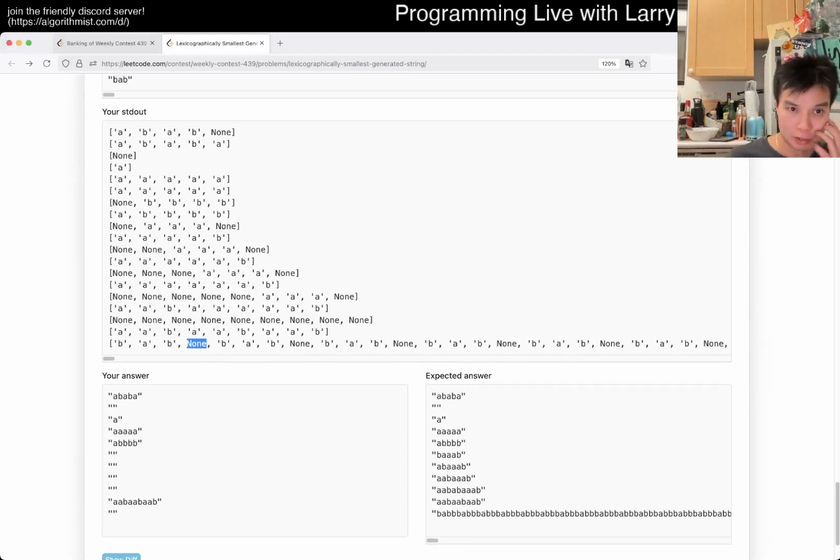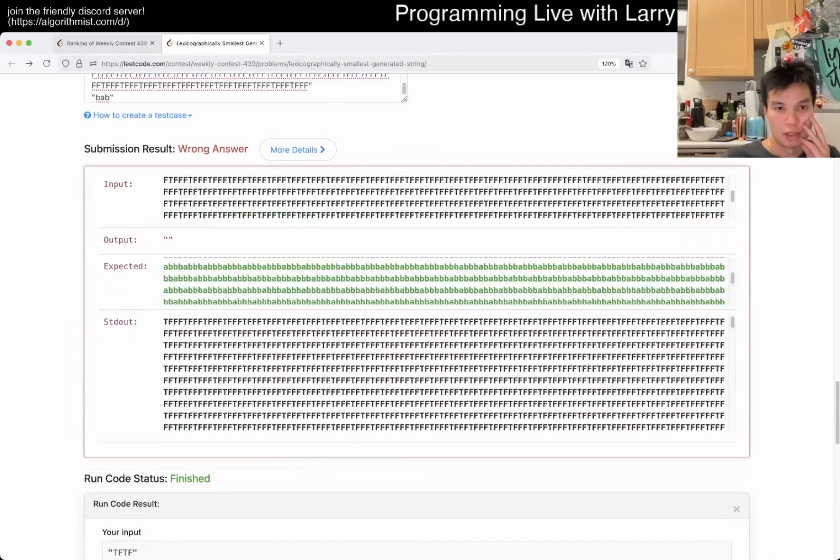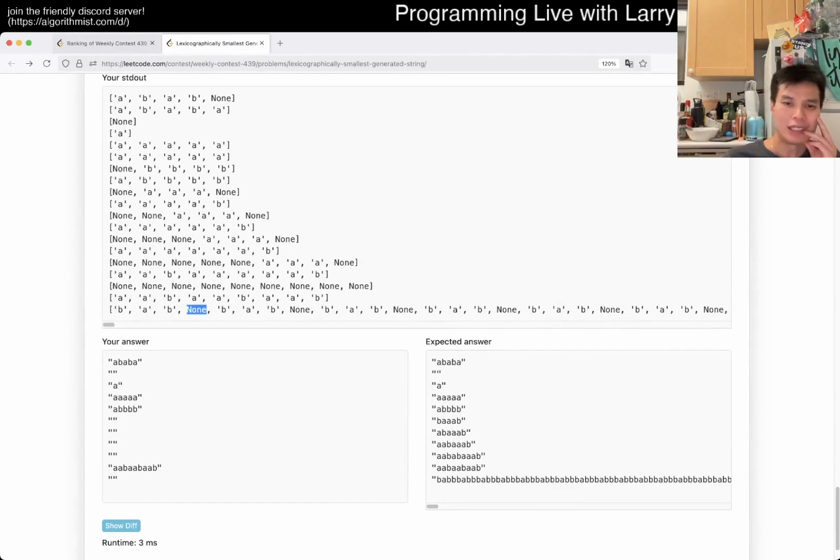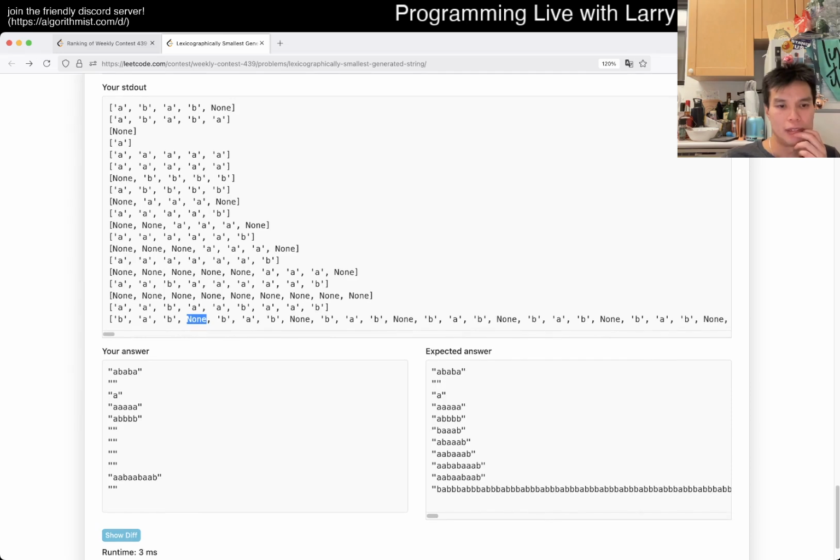Sorry friends, I'm just trying to figure out how to do this one. I want to upsolve this. I think I was doing some greedy thing. I thought that everything would be good, but I was wrong.